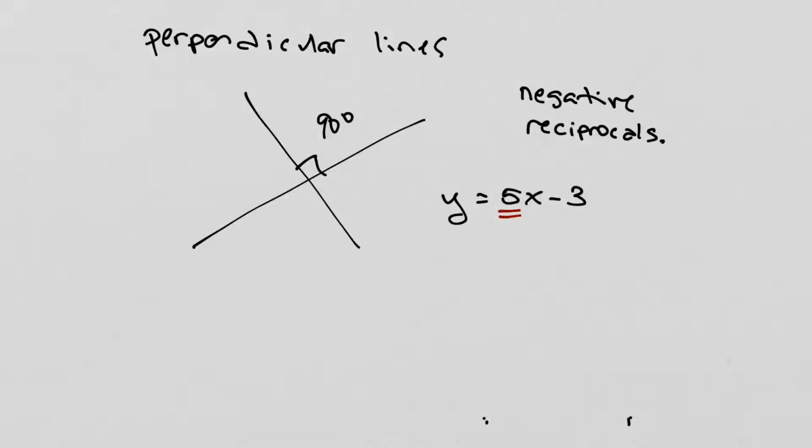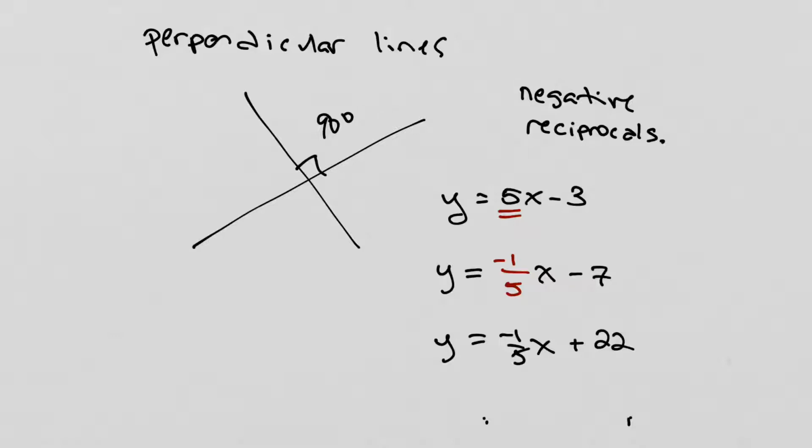So I could say y equals, if we flip that over, 1 over 5, and I'll change the sign to make it negative 1/5 x. Then you can make any y-intercept you want. As long as those two slopes are negative reciprocals, it doesn't matter what the y-intercept is. So I could say y equals negative 1/5 x plus 22 if I wanted to.